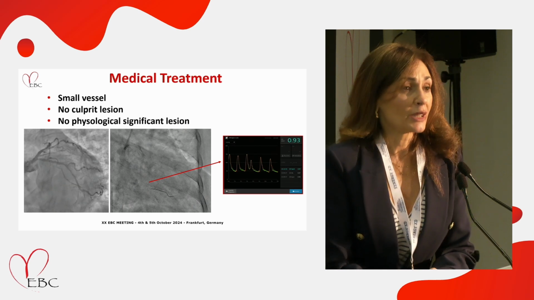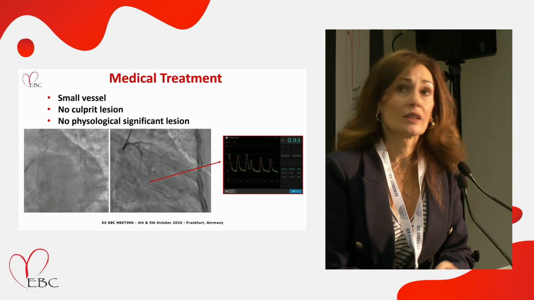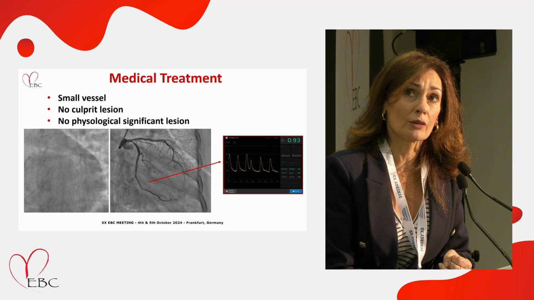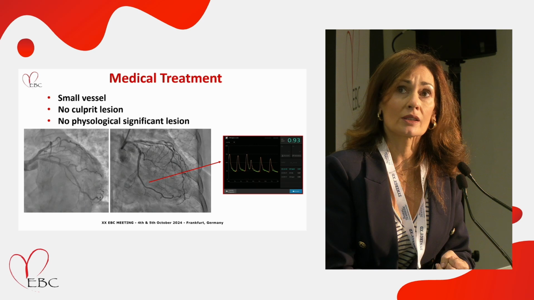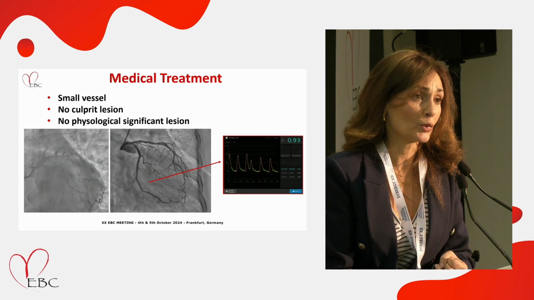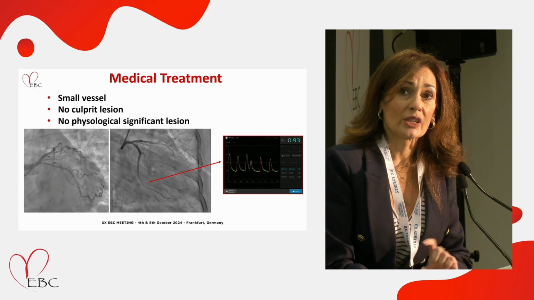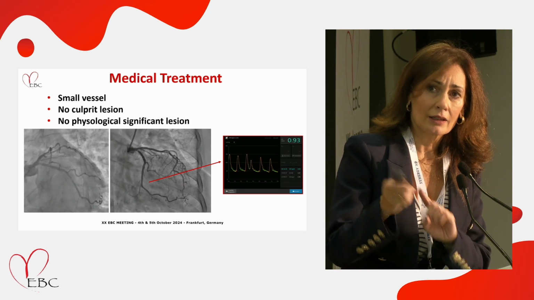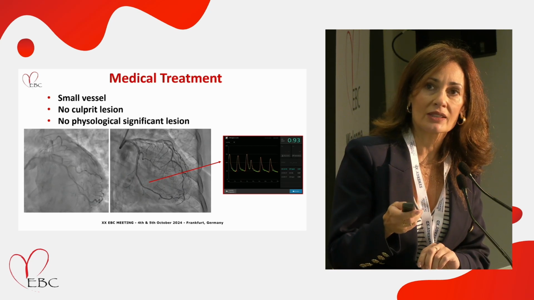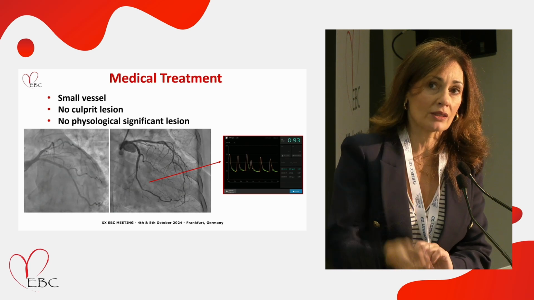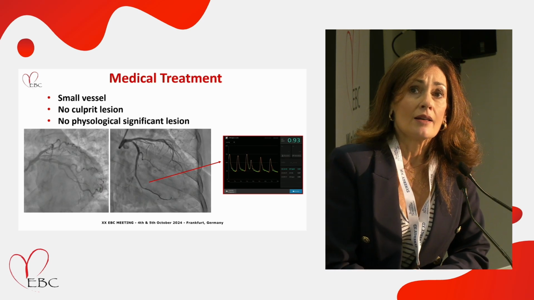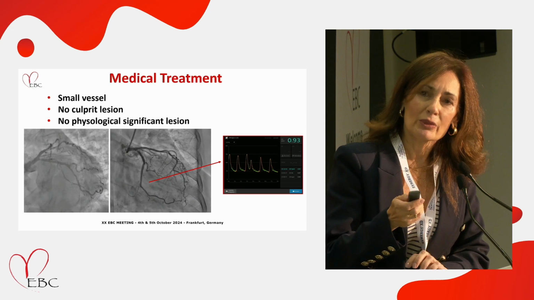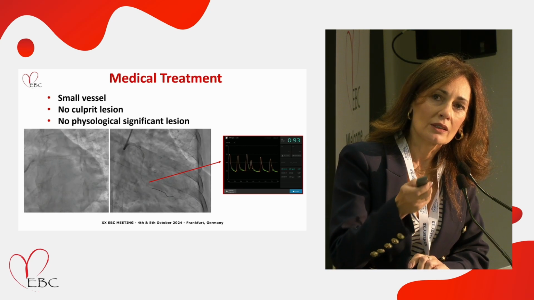Finally, medical treatment can be an option in some patients when the vessel is very small, the lesion is not a culprit lesion, or the lesion is not significant from a physiological point of view. For example, in this patient, he has an unstable presentation with a very severe lesion in the middle part of the circ, and not really a lesion, but a very ambiguous image in the ostium.